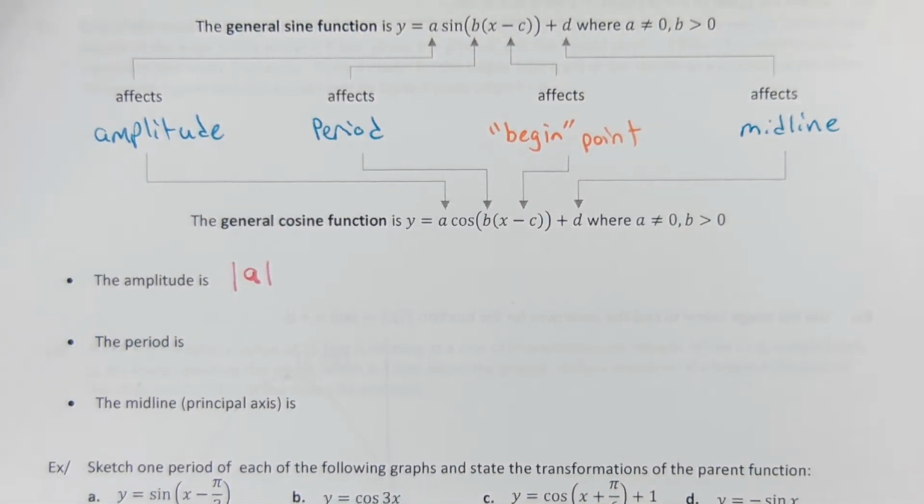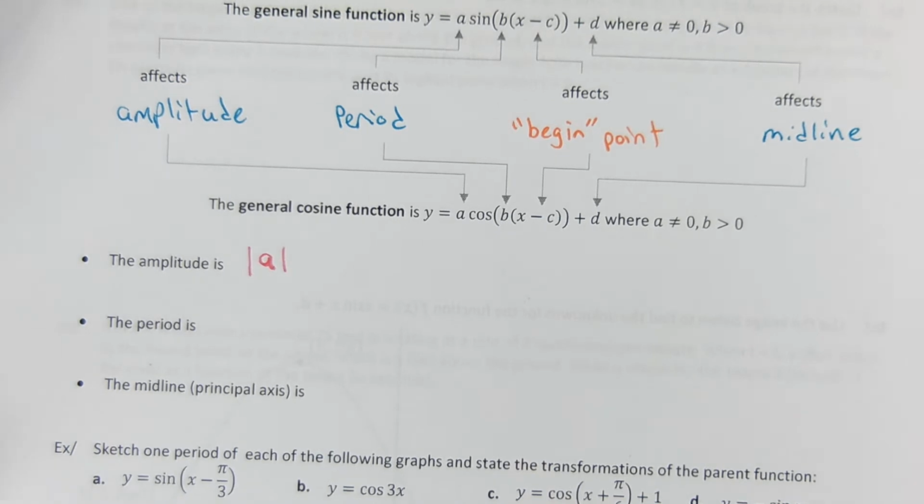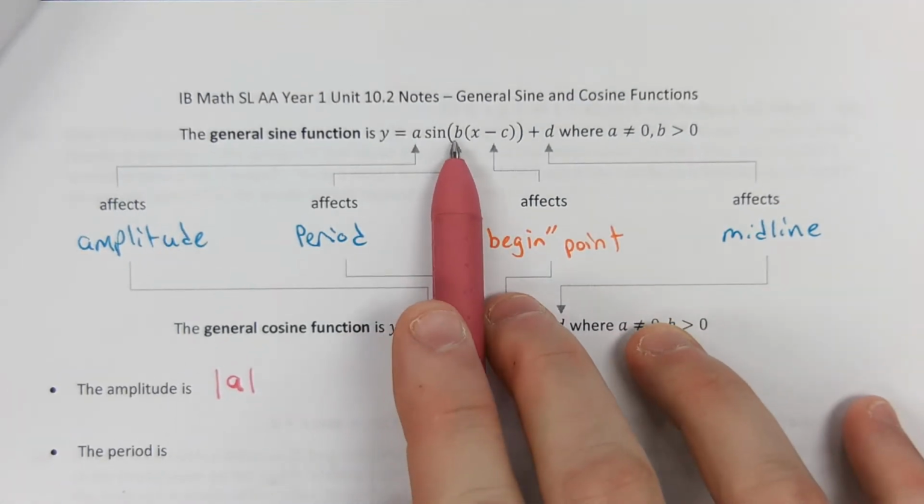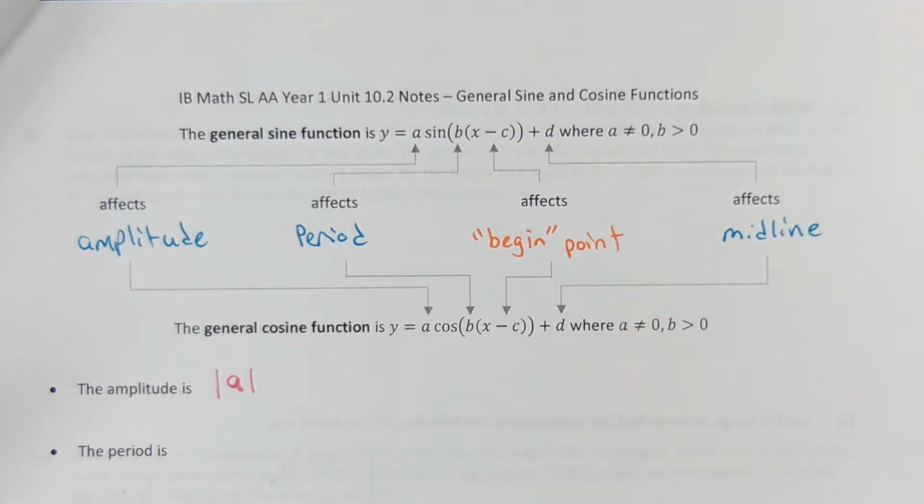The period length, what we saw yesterday, is supposed to be 2 pi, right? So if you put a B term in here, you're multiplying by something, but remember, horizontal, inside, opposite.